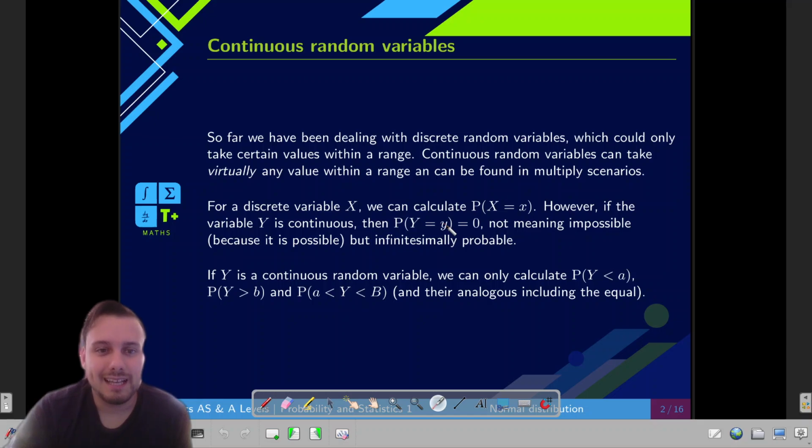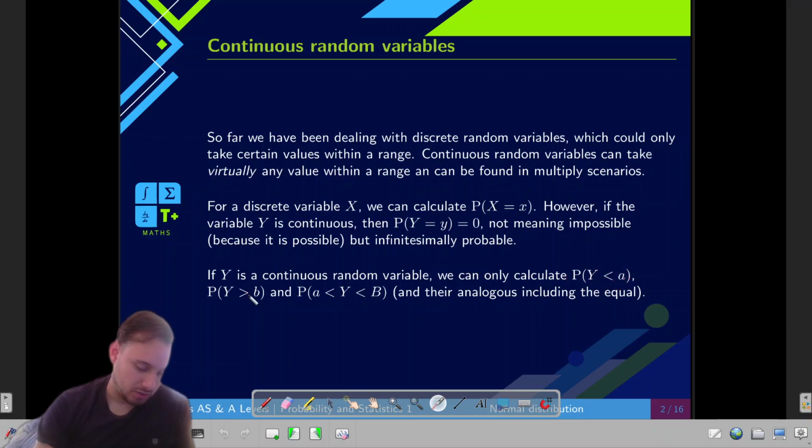What is it that we're going to consider? We're going to consider values within intervals. So if we have a continuous random variable y, we are only going to be calculating the probability that the value of y is less than a number, greater than a number, or between two numbers.